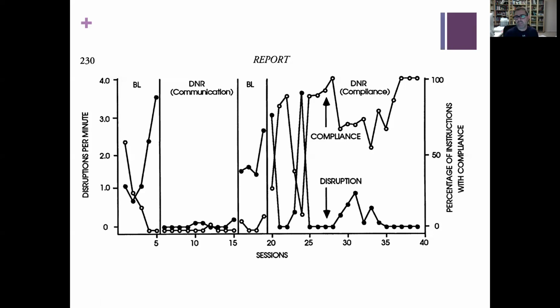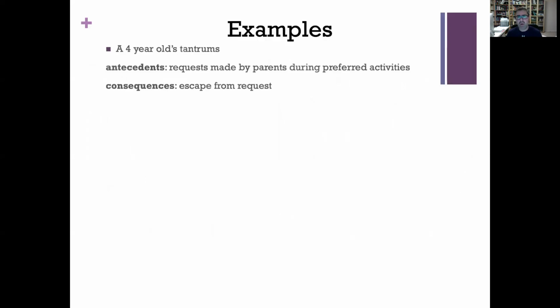See here, the differential negative reinforcement of compliance was a better treatment than the differential negative reinforcement of communication. Now, remember the examples that I keep bringing up from the functional assessment unit. Let's go through them very quickly here and then see if you can think of alternative behaviors that could be taught.